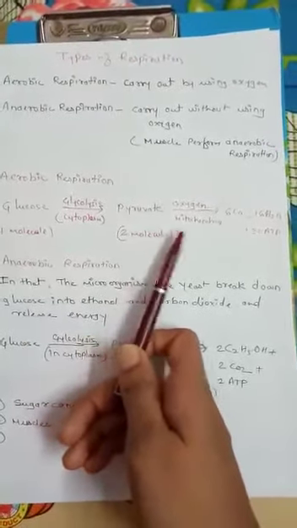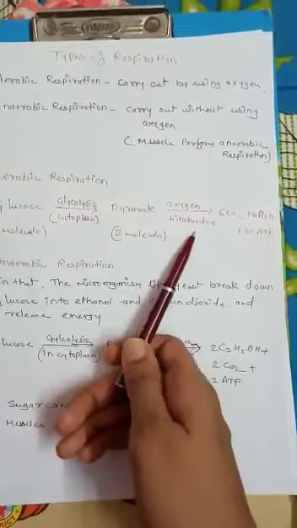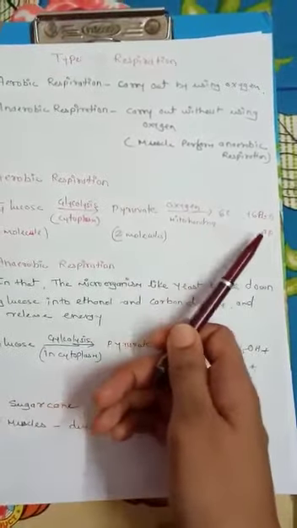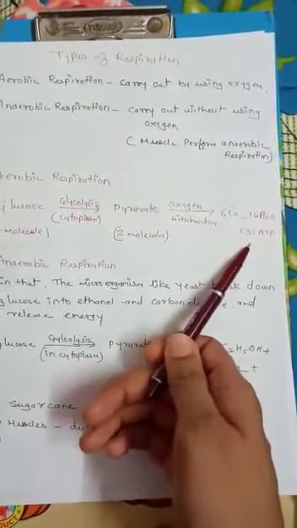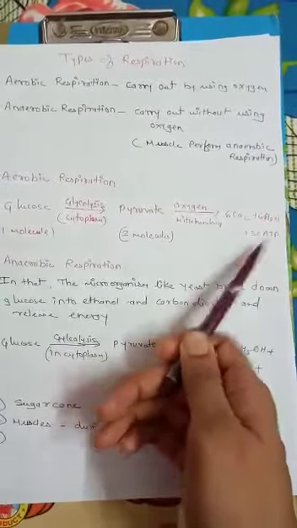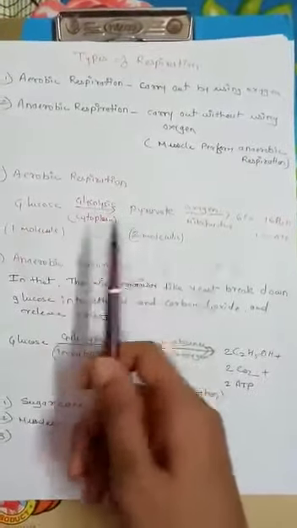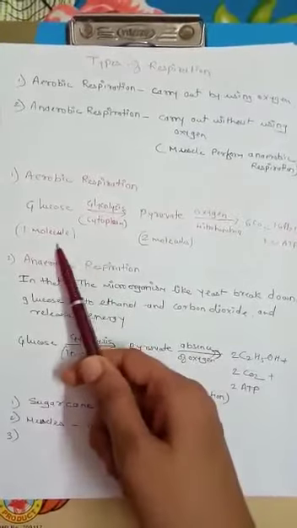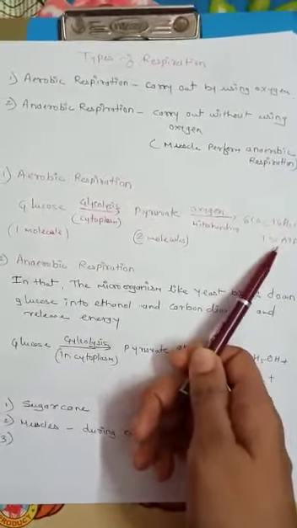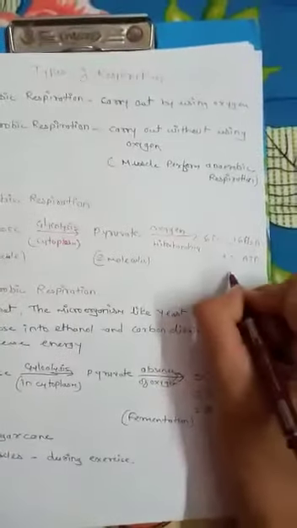After that, through its complete oxidation, it is converted into CO2, H2O, and we get 38 ATP molecules. Means by that reaction we come to know that 1 molecule of glucose will give us 38 ATP molecules of energy.